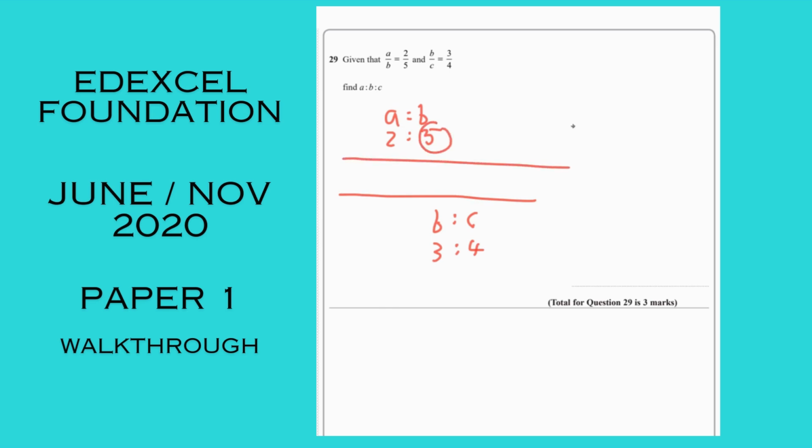We need the link of the B's. 15's the link. So up top, that's multiplying by 3. Do the same to A. That's multiplying by 5. Do the same to C. 5 times 4. That's it. Again, doesn't look very nice, but do not overcomplicate.